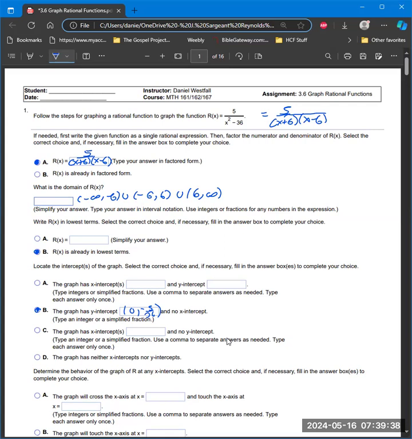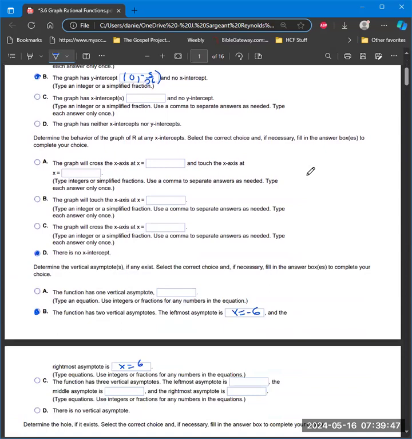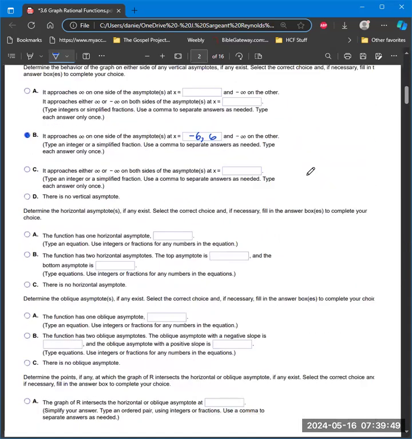Close to negative 6 from the right is positive, positive, positive, which gives me positive infinity. Inspect that with your graphing calculator if you need to see what happens on both sides of those asymptotes. Or you can make a table, whichever way your teacher shows you to do that.